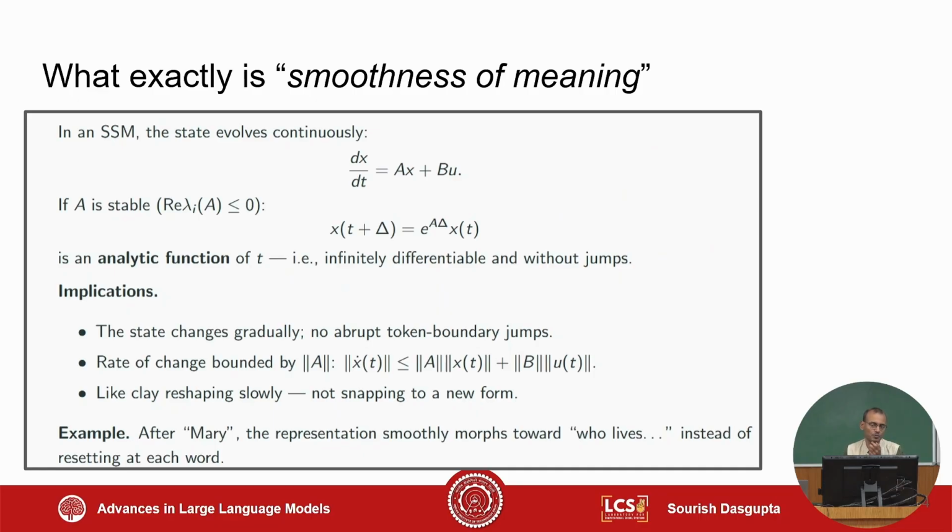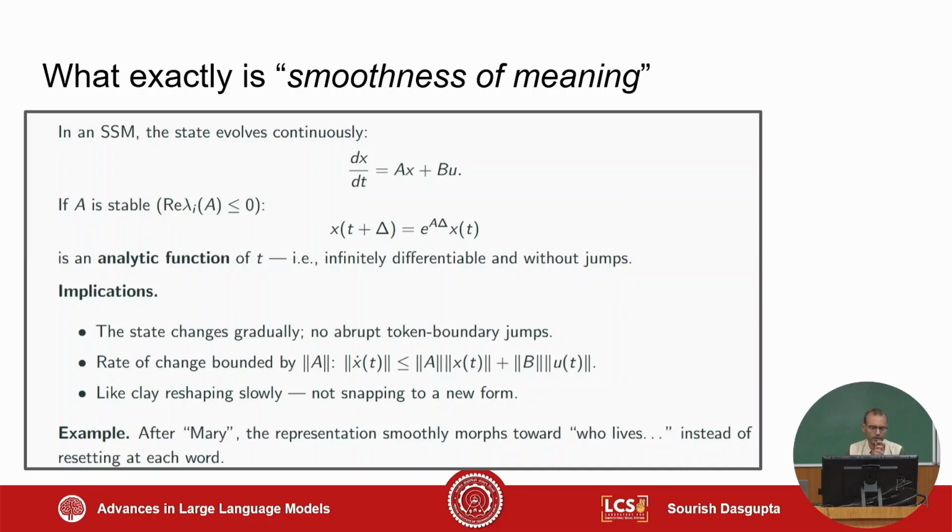So what exactly is smoothness of the meaning? If you look at this particular equation, which is the SSM equation, forget about A being stable or not stable and what it actually means. A being a matrix, think of it just like a linear transformation. Forget about that for now.